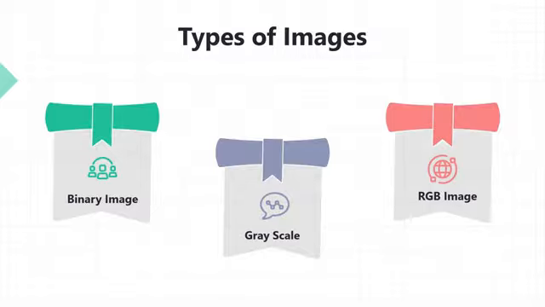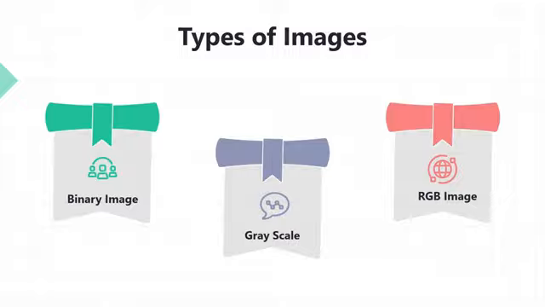And the last but not the least is the RGB image, which is referred to as red, green, blue image. It is also called true color or color image. Why RGB is very important here is that the eye also has three cone pigments, namely red cone pigment, green cone pigment, and blue cone pigment.